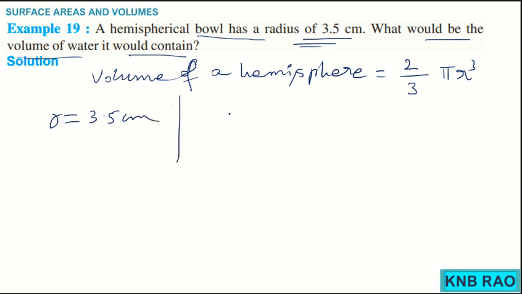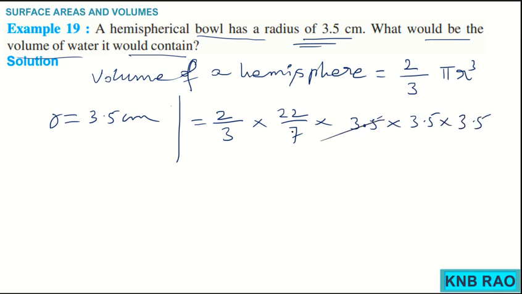Now by substituting it in the volume formula, 2 by 3 into 22 by 7 into 3.5 into 3.5 into 3.5, where the 3.5 for twice cancels and this 2 goes with these 2s.